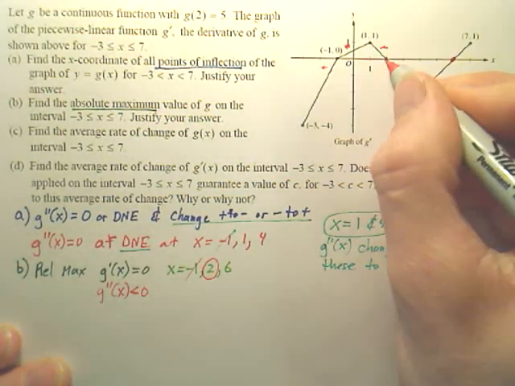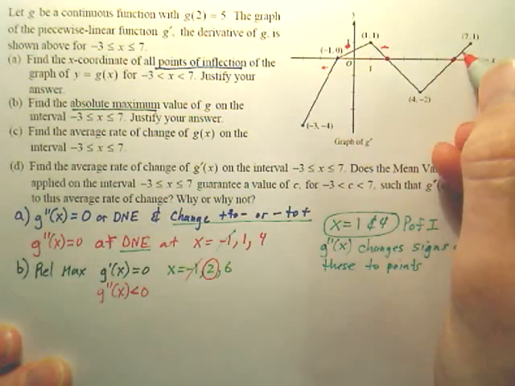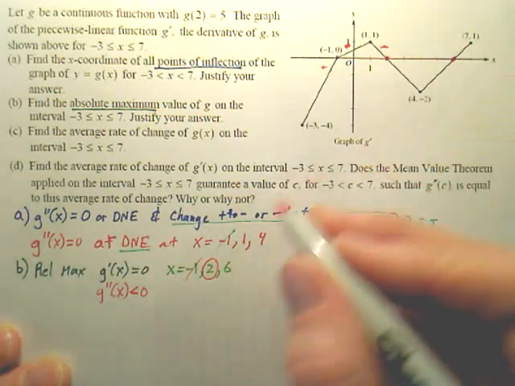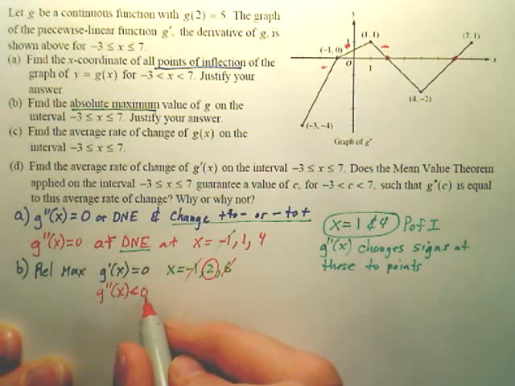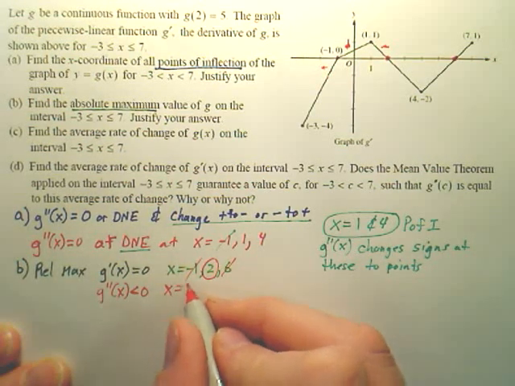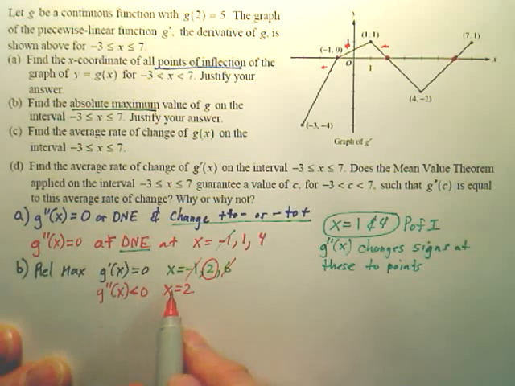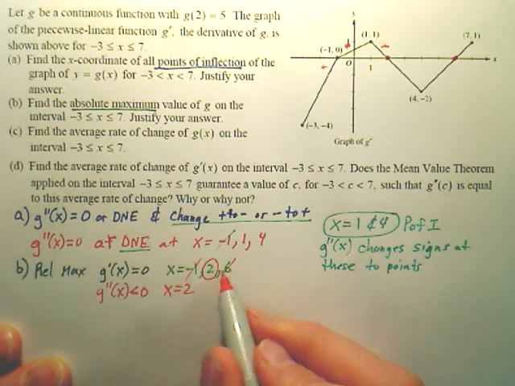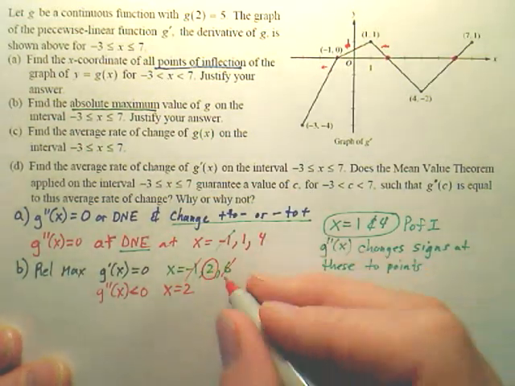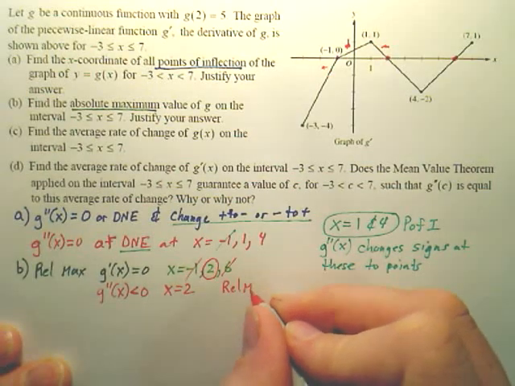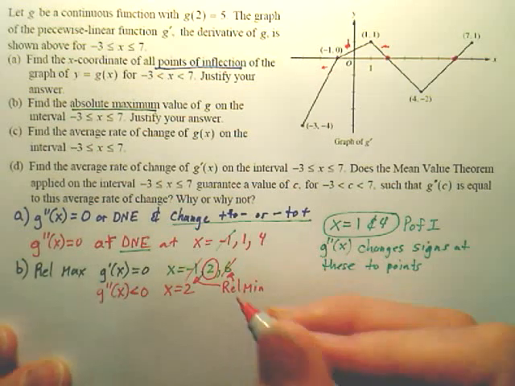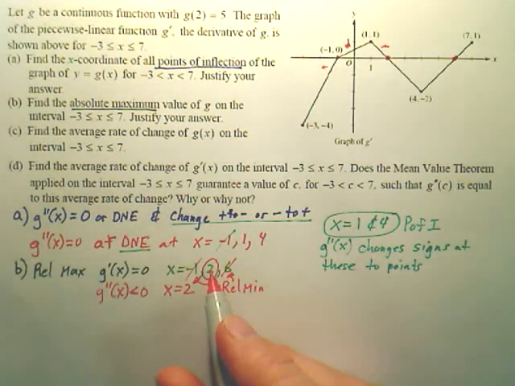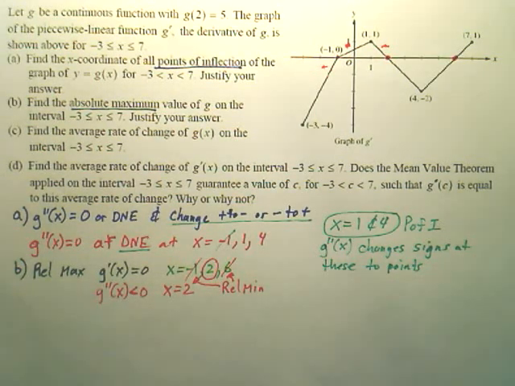The only one where the second derivative is less than 0 is when x equals 2. These two are relative mins. So the only relative max is possibly 2.